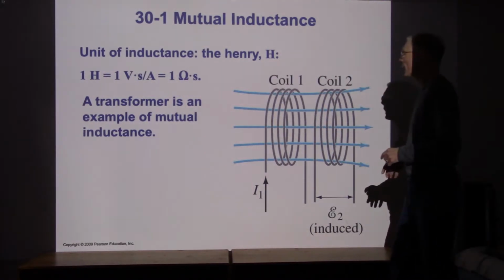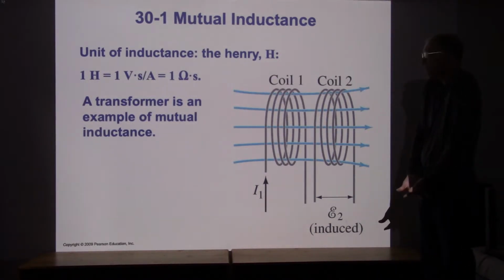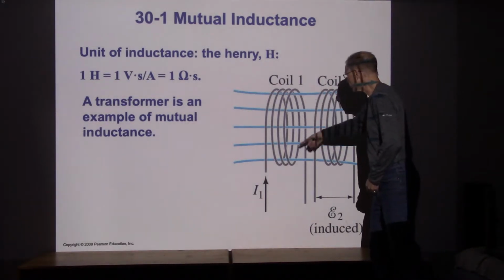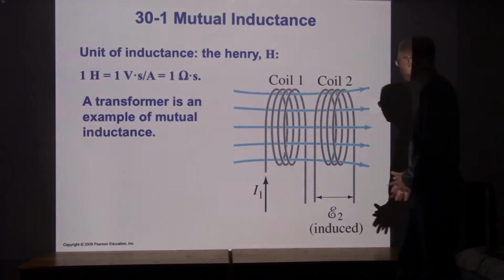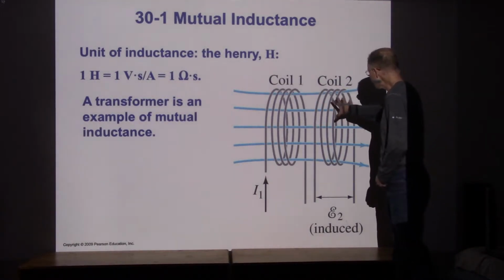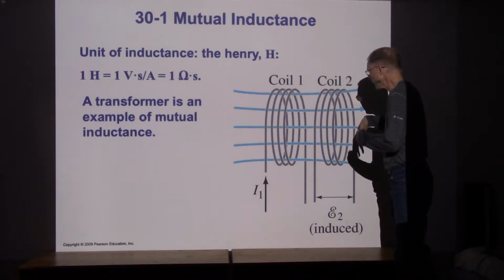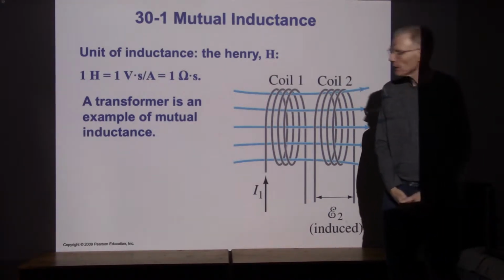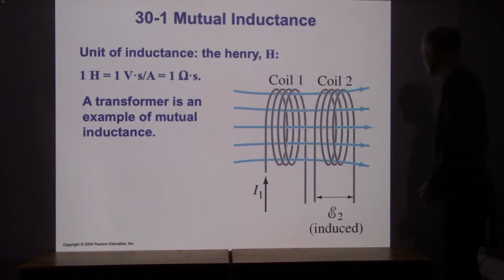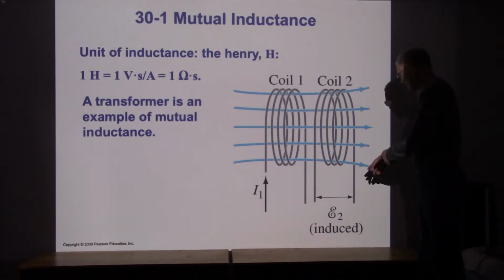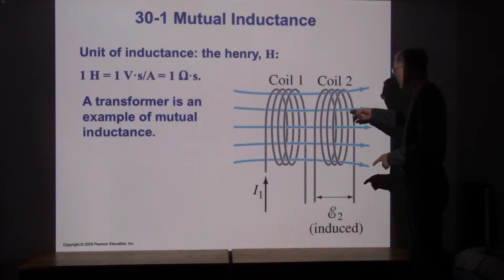So these blue lines coming through are the magnetic field lines that are being generated by the current that we've set into motion. Now, if we set a second set of wires close enough that it can pick up those magnetic field lines, then there's the possibility of inducing an EMF.